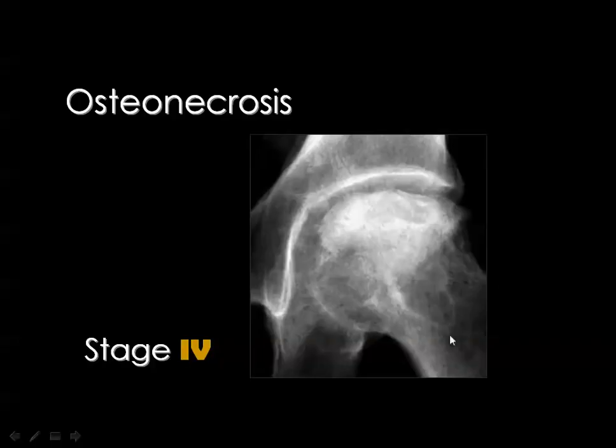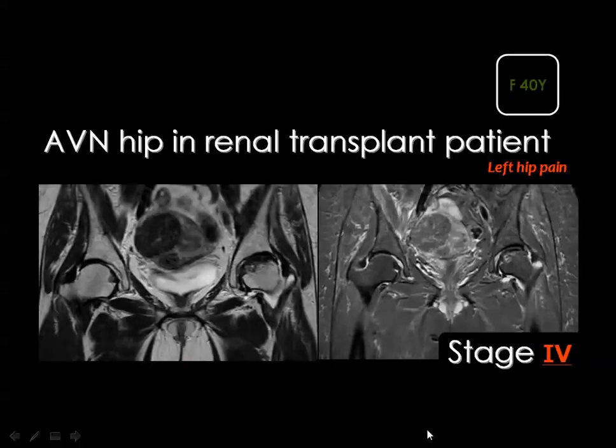But if the plain X-ray showed this appearance, it means that you are in an advanced stage, meaning that there is flattening and collapse of the femoral head, which is involved by bone sclerosis and rarefaction, together with irregularity of the femoral head contour. Then in stage 4 avascular necrosis, the dead bone will be sclerotic. That is to say, it will show low signal in T1 and also low signal in STIR images.